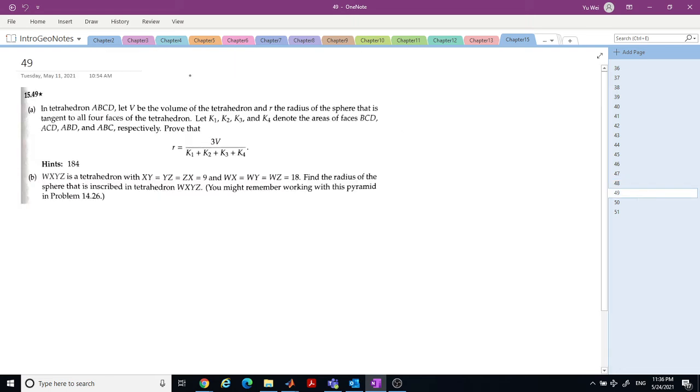So this one is the tetrahedron ABCD. Let V be the volume of the tetrahedron and R be the radius of the sphere that is tangent to all four faces of the tetrahedron. Okay, so here is the tetrahedron ABCD.